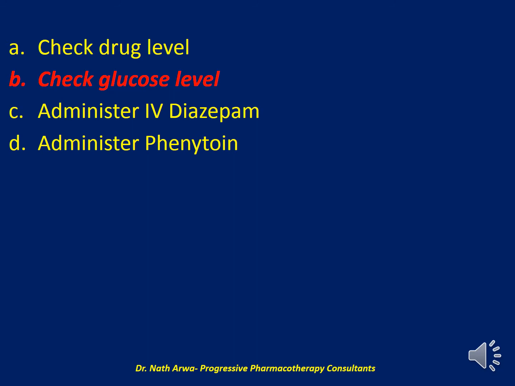Now, ruling out hypoglycemia is not only easy to do, but it's also easy to treat and wouldn't respond to other traditional treatments of seizures. So if you missed that, you'd miss a very crucial element.